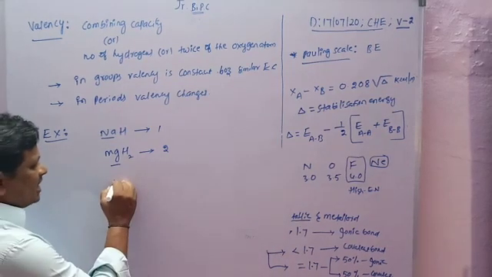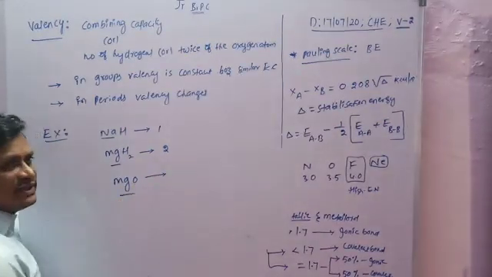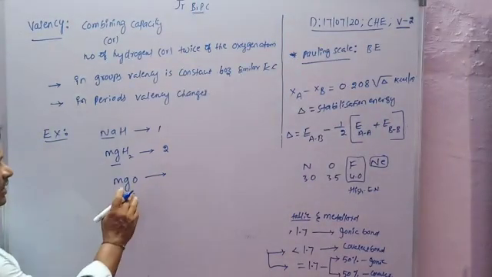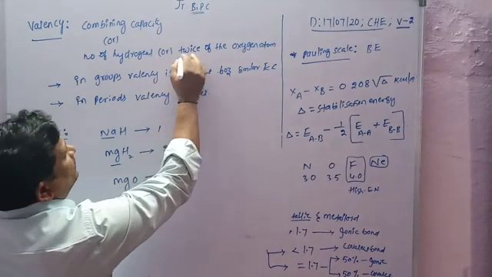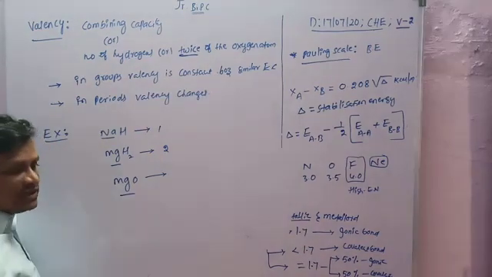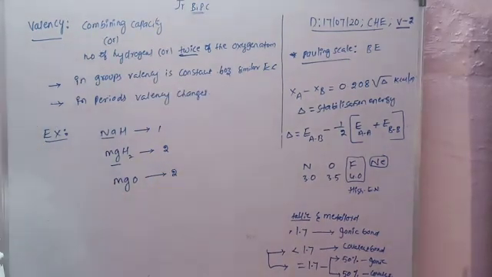Same as MgO. What is the valency of magnesium in MgO? 2, because the number of oxygens is 1, so twice the oxygen atoms. Twice means 2. So its valency is 2.